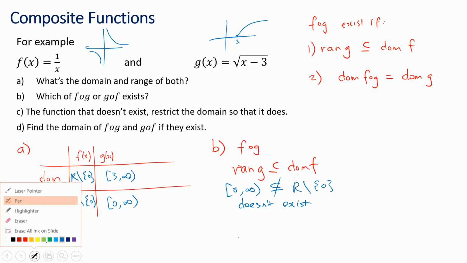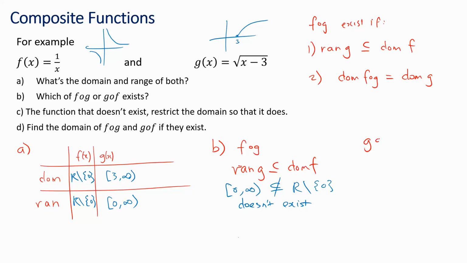Next one, let's check g of f. For g of f to exist, what is my property? Let's go with Gary. For g of f to exist, what do I have to check? Good. The range of f is a subset of the domain of g.